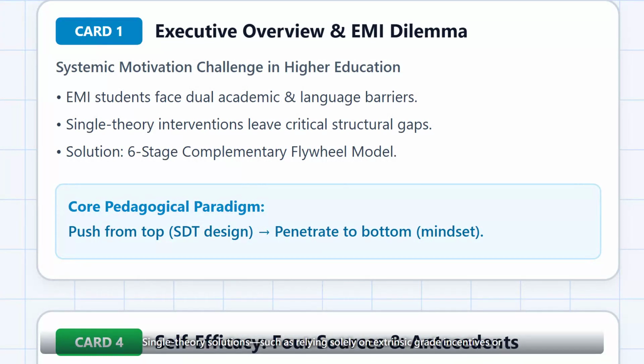Single-theory solutions, such as relying solely on extrinsic grade incentives or preaching growth mindset, fail because they treat isolated symptoms rather than the underlying dynamic system. The complementary flywheel model provides a holistic solution by organizing environmental factors, cognitive interpretations, and behavioral decision rules into a self-reinforcing cycle.